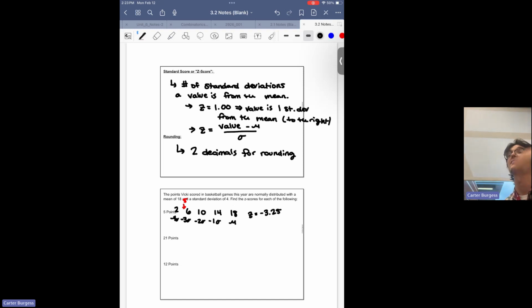Right? This is telling us the number of standard deviations. In particular, the distance between 18 and 5, I have to go 13 to the left. Well, each standard deviation I get when I travel 4, and so the number of standard deviations that I see traveling 13 to the left is -3.25, which is -13 divided by 4.